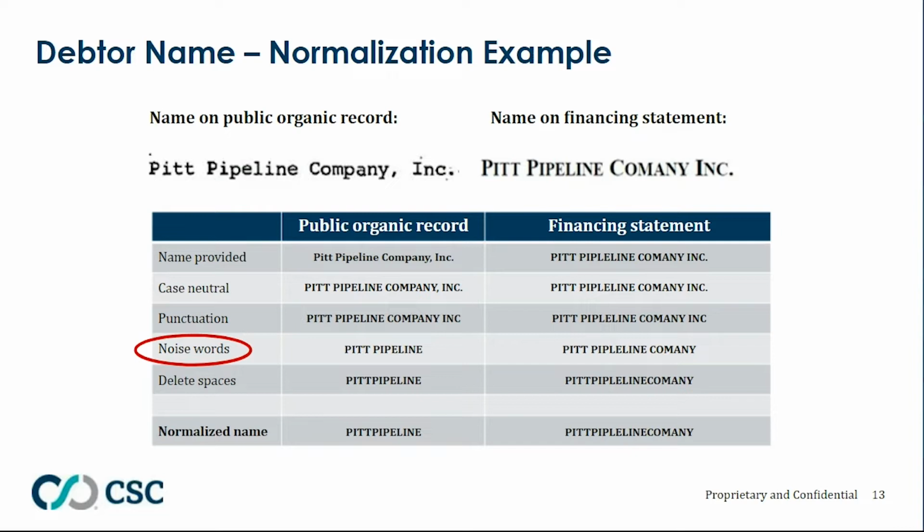Next, it'll delete the spaces, and finally you wind up with the two normalized names which do not match, and therefore the financing statement will not be disclosed on the search of the correct debtor name, and it will be seriously misleading and not effective.